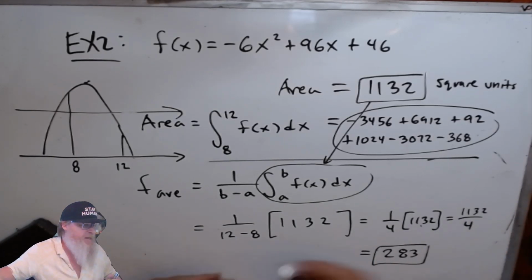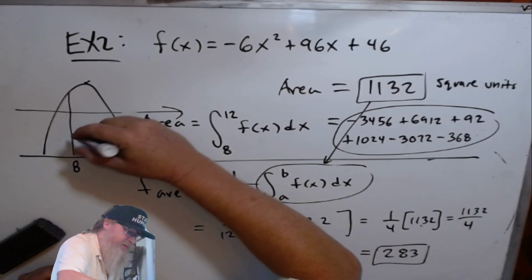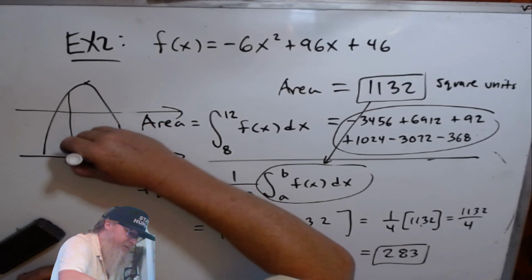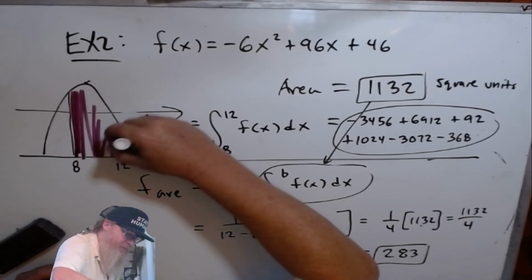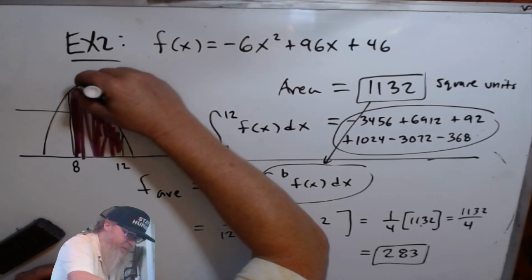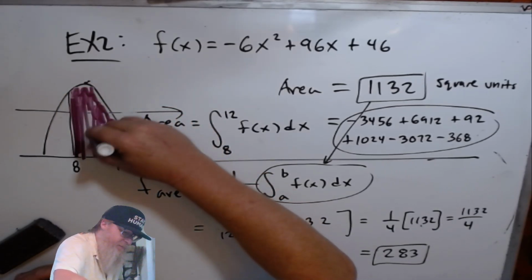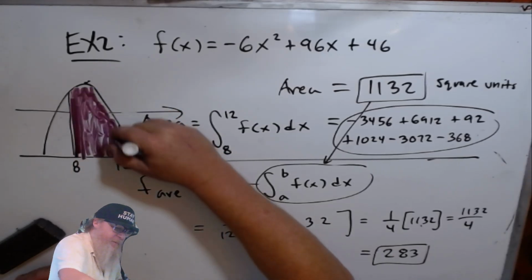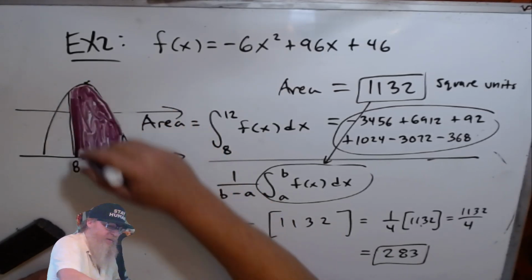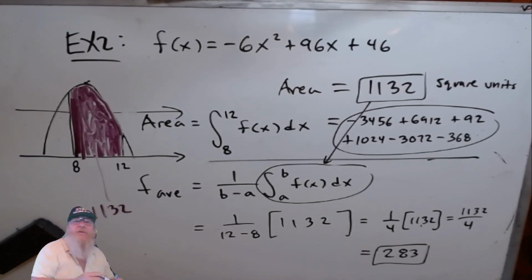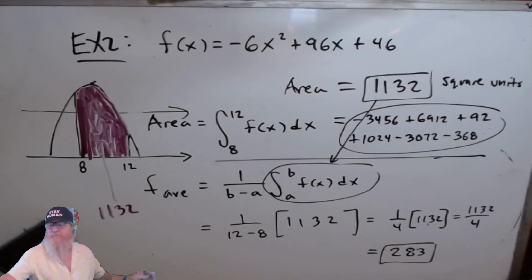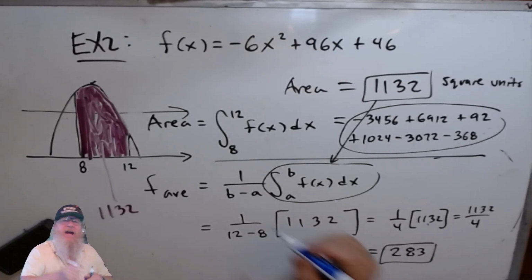So you have this area. All right, you have this area. That's your 1132. And then you got this average.